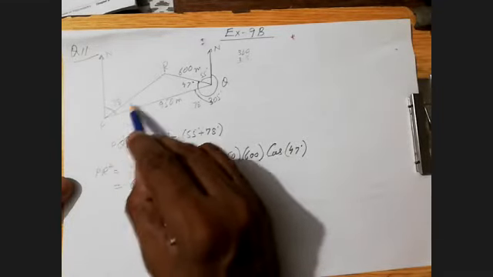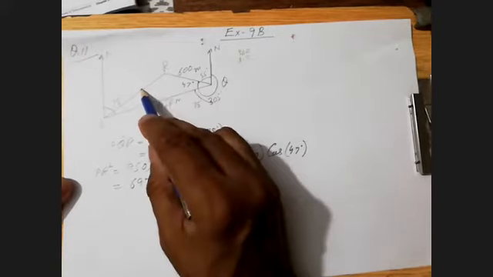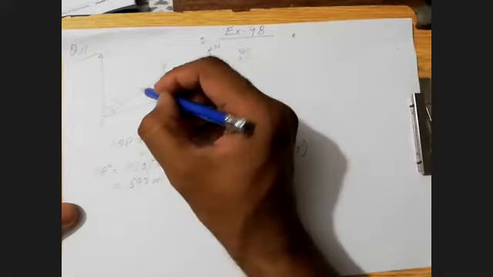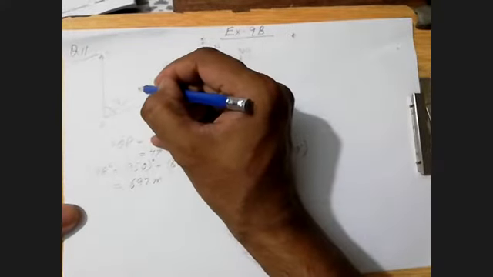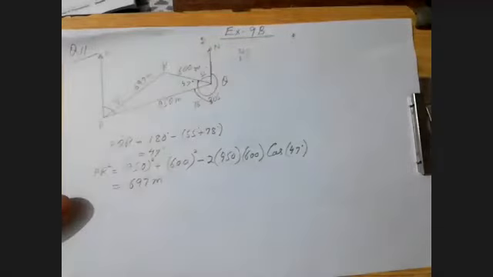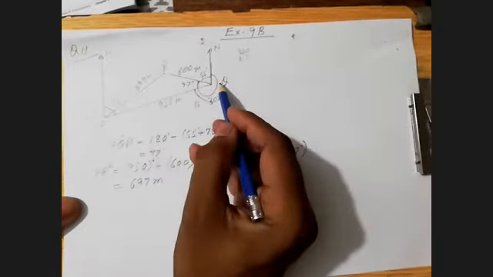Against this angle, this side is given, and against this angle, we have calculated this side, 697 meters. I am applying the sine rule to find this angle QPR.